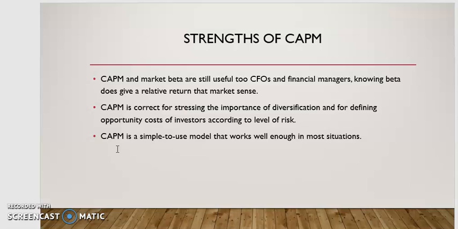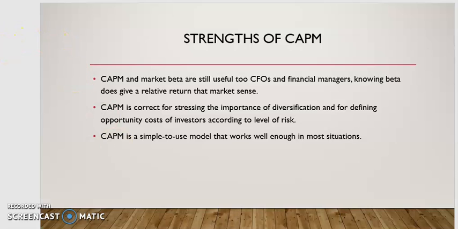CAPM, secondly, is very important in emphasizing diversification and defining opportunity cost of investors according to the level of risk attached to an asset. CAPM is also a useful model in calculation of the required return of an asset.